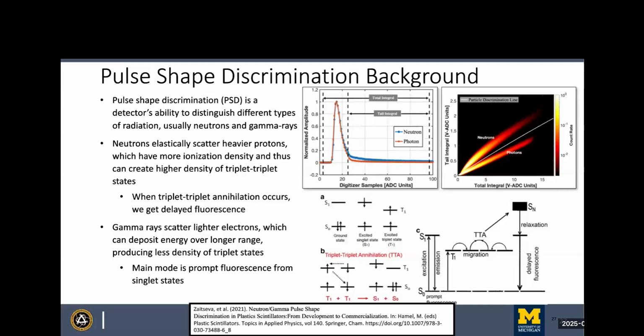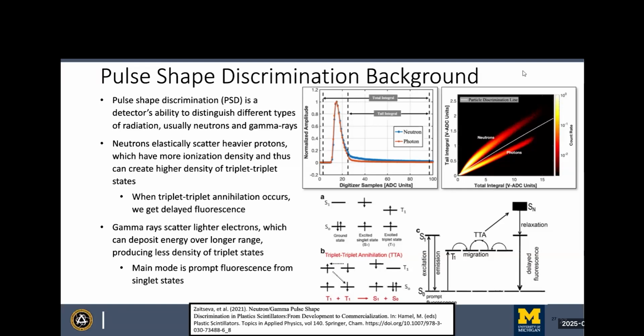And then over to the right of that picture, you can see a further diagram of direct excitation and emission between singlet states versus excitation to the triplet state, migration via triplet annihilation, combination to a higher singlet state, relaxation, and then delayed fluorescence.